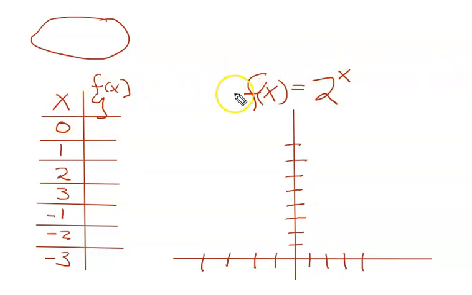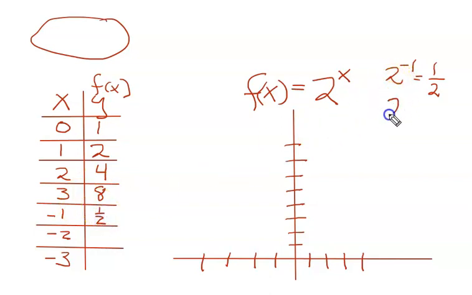So, if x is 0, 2 to the 0 power is 1, since anything to the 0 power except 0 is 1. 2 to the first is 2. 2 to the second is 4. 2 to the third is 8. Now, 2 to the negative 1 that we had before, just bring that down, it becomes 2 to the first in the denominator, which is 1/2.